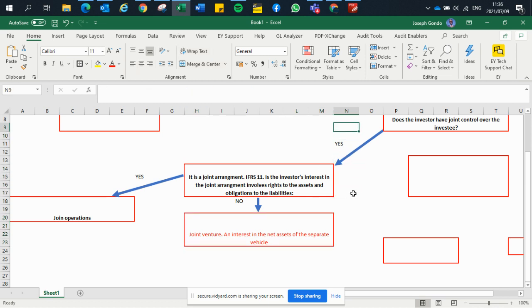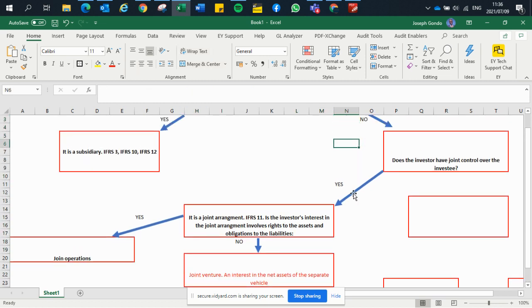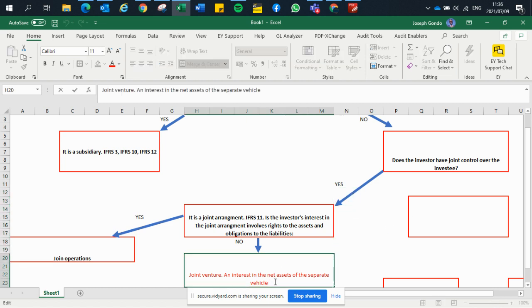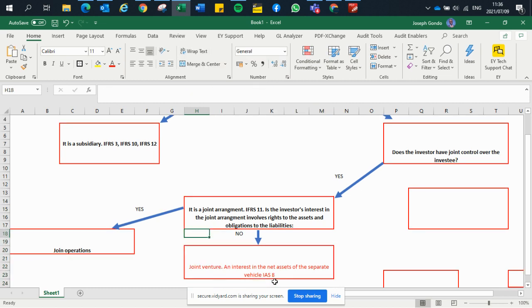Okay, then we are done here. For a joint venture, you apply IAS 28, which talks about investment in associates and joint ventures. This one is joint operation.